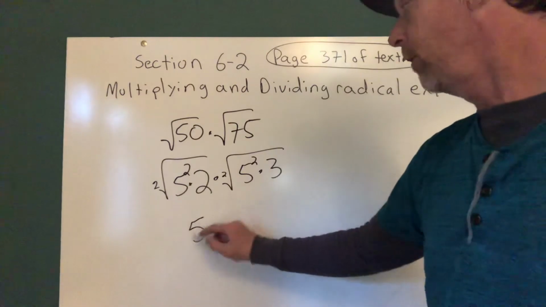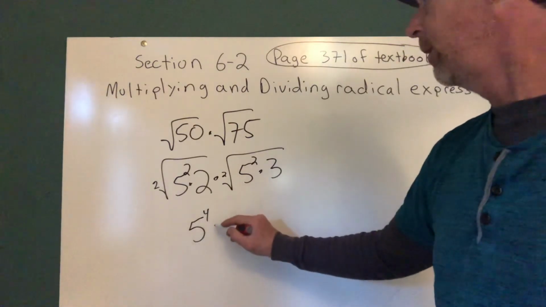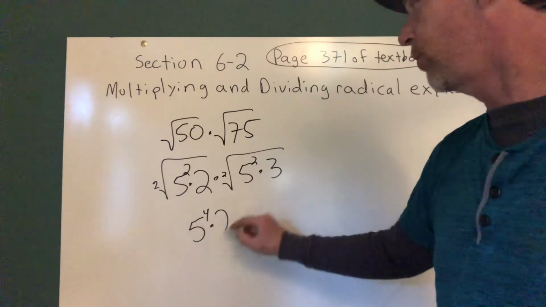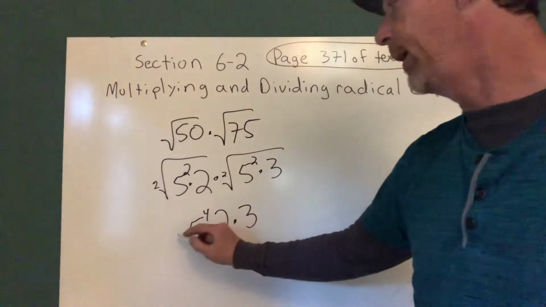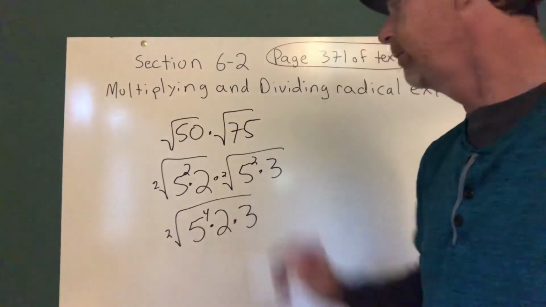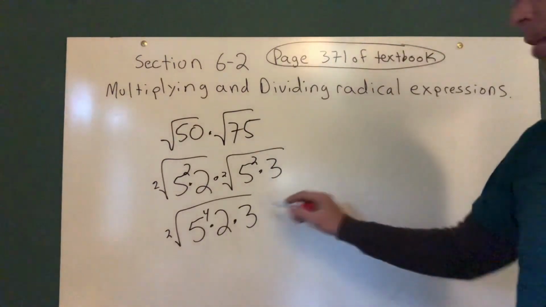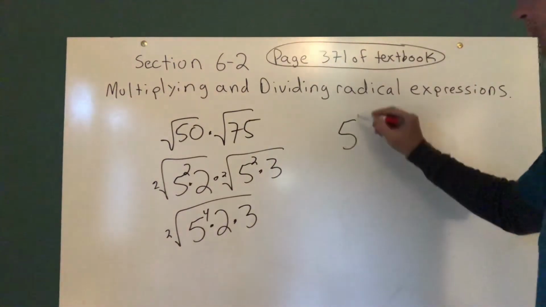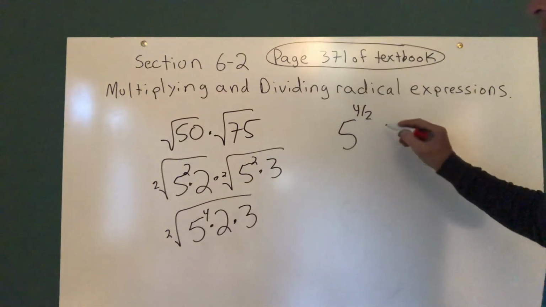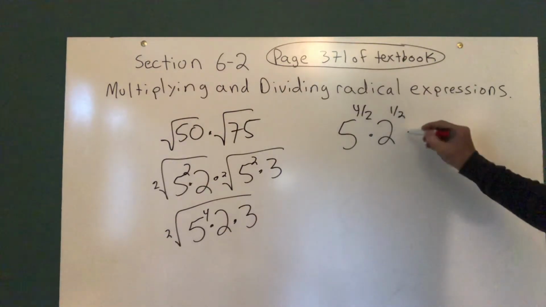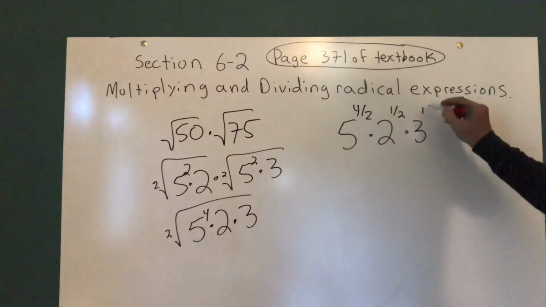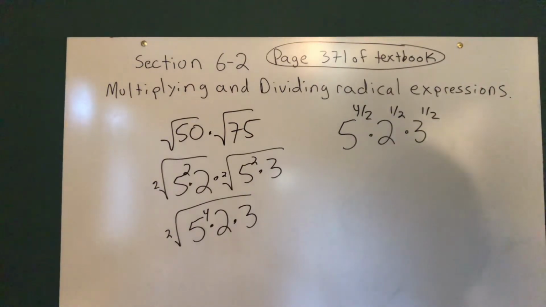That'll be 5 to the fourth times 2 times 3, and all of that is square root. So when we write this in exponent form, we have 5 to the 4 over 2, 2 to the 1 over 2, 3 to the 1 over 2.